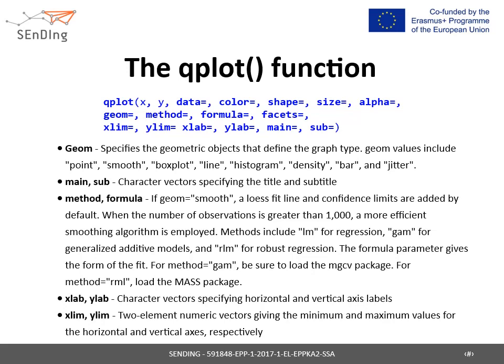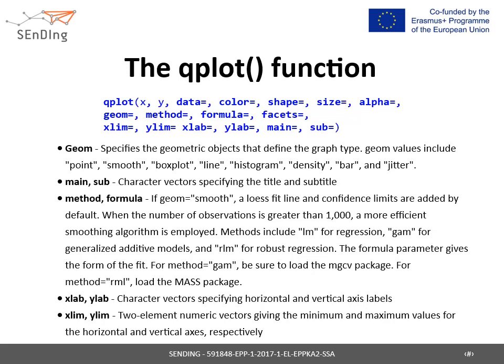main and sub are character vectors specifying the title and subtitle. method and formula: if geometry equals smooth, the loess fit line and confidence limits are added by default. When the number of observations is greater than 1000, a more efficient smoothing algorithm is employed.